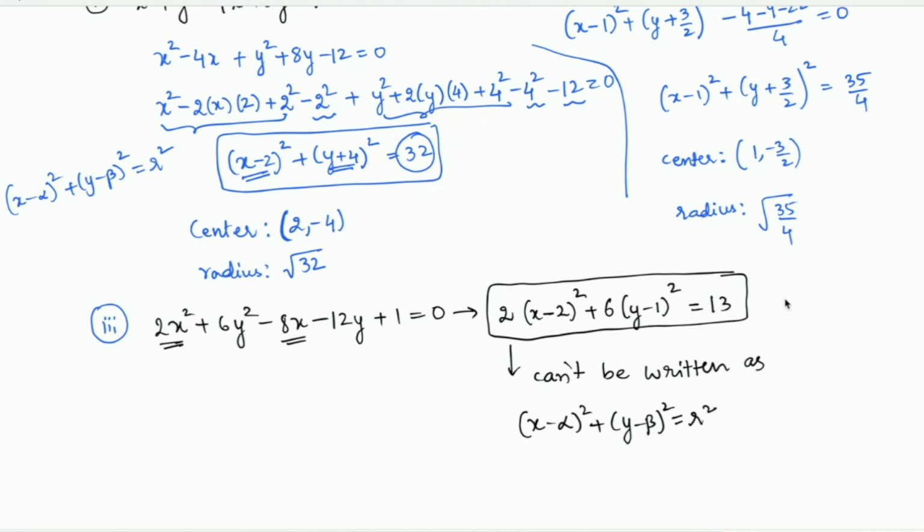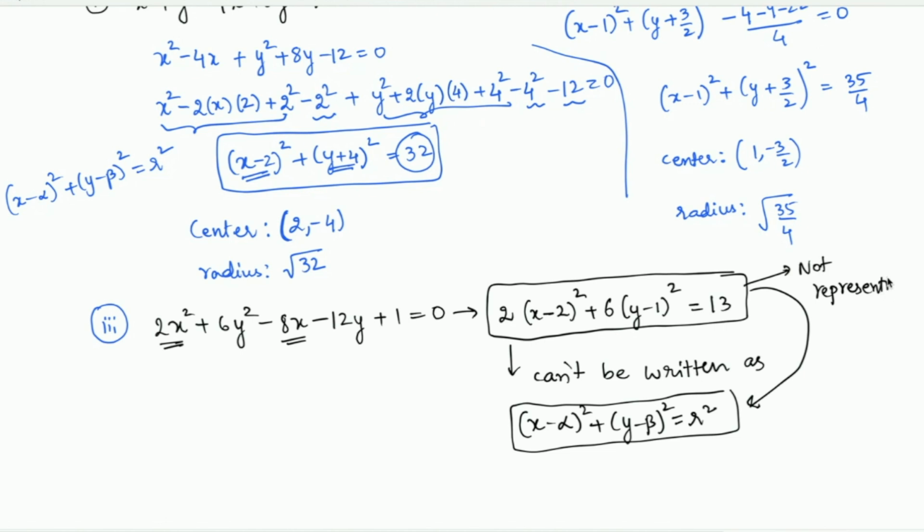Every circle equation can be written in this form. I am saying this cannot be written in this form. That means this is not representing a circle. If all the points satisfying this equation formed a circle, then definitely I should be able to write it in this form.